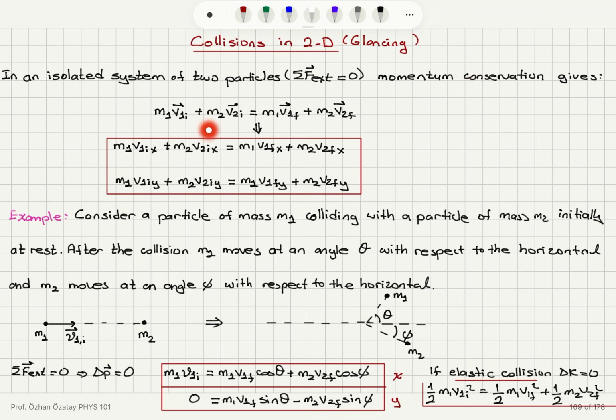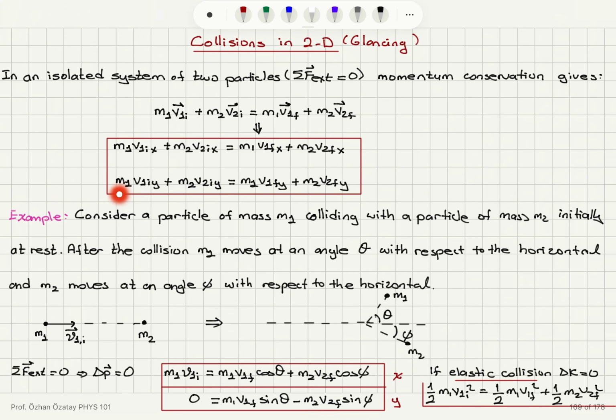m1v1 initial plus m2v2 initial equals m1v1 final plus m2v2 final. That is, the initial momentum of the system is equal to the final linear momentum of the system. Now this is a vector equation, so in two dimensions this implies m1v1 initial x component plus m2v2 initial x component must be equal to m1v1 final x component plus m2v2 final x component.